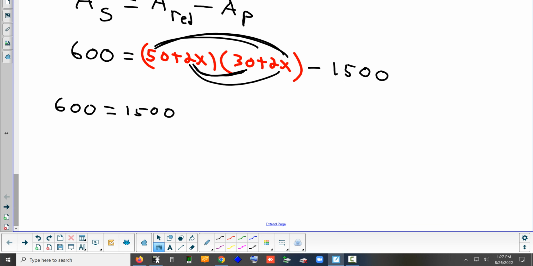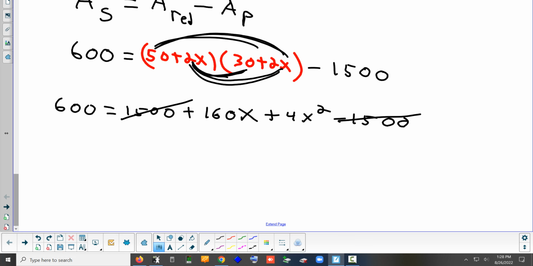And what's 2x times 30? 60x. So 160x. And what's 2x times 2x? 4x squared. Minus 1,500. So we can cross those out.